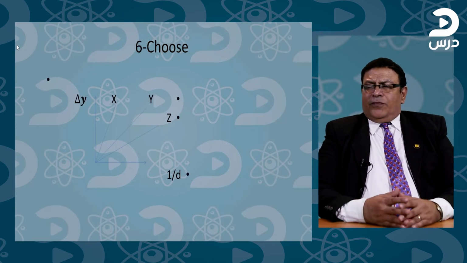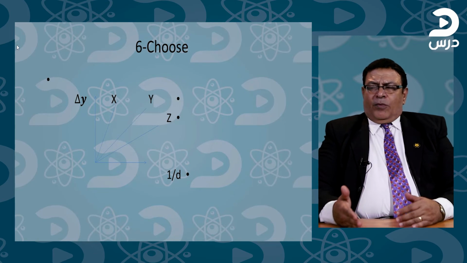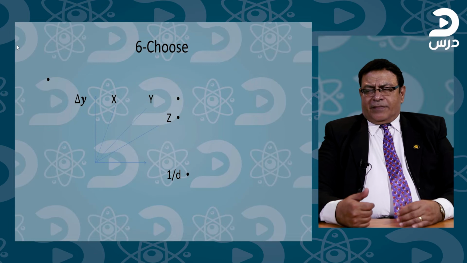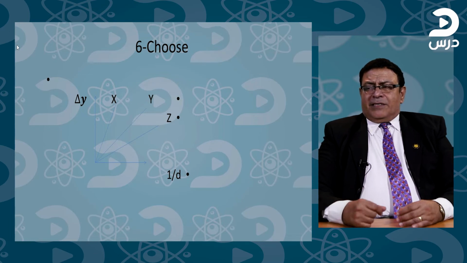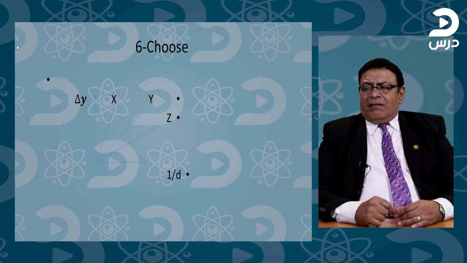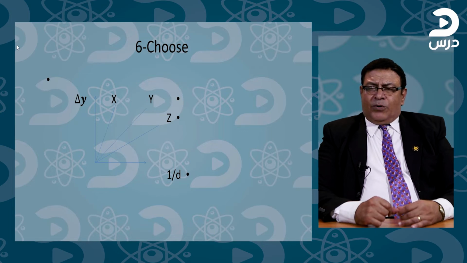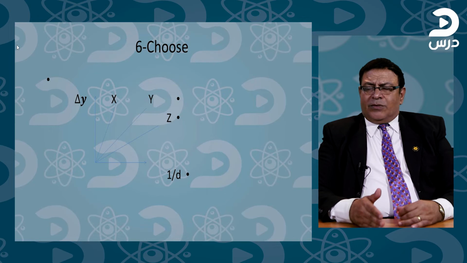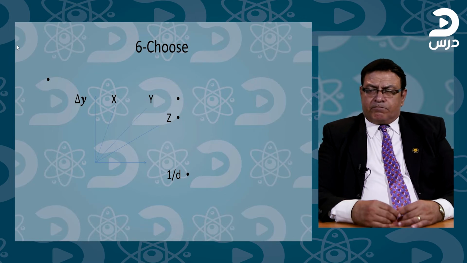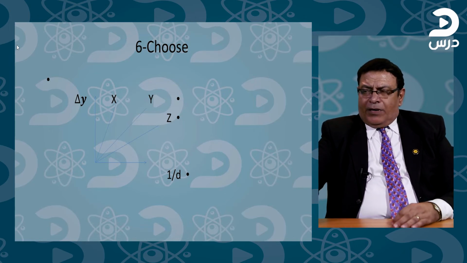Now let's see the difference between problem number 5 and problem number 6. Number 6 says the graph between delta y and the reciprocal of distance for x, y and z.